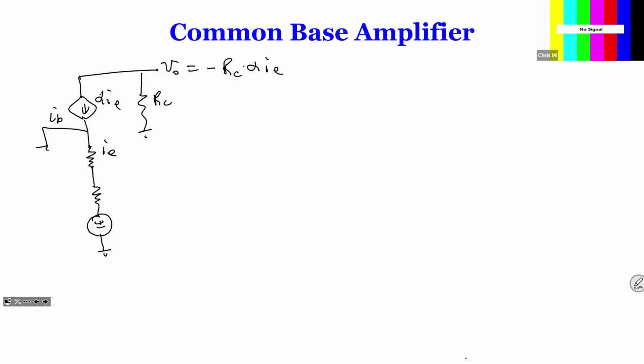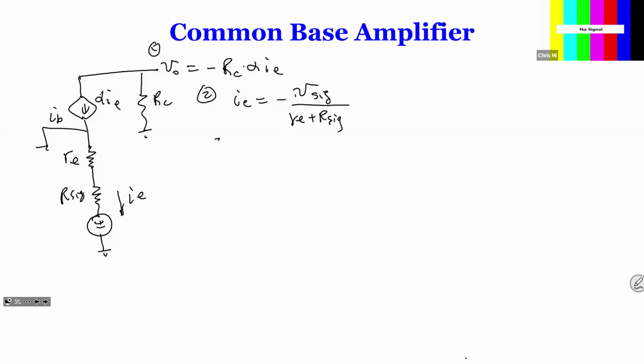So we have IE equal to minus VSIG over RE plus RSIG. So we got IE.